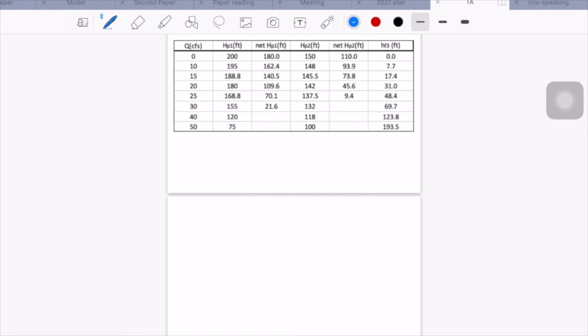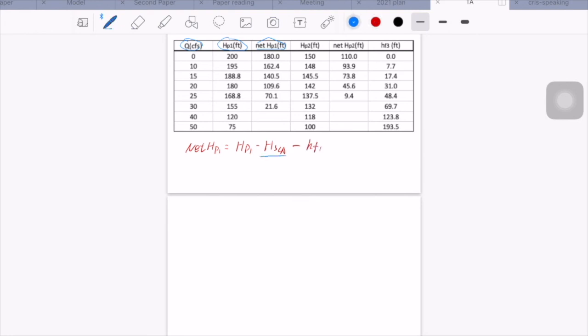And the problem gave us the Q and HP1, so we can determine the net HP1 using this equation that we determined before. So the net HP1 equals HP1 minus HSCA minus HF1.